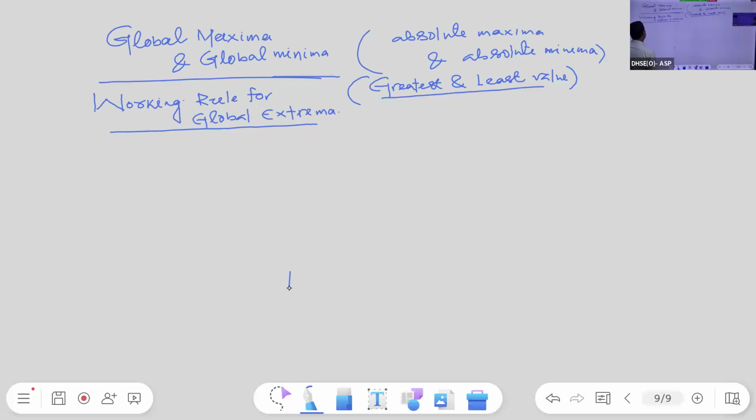Working rule for global extrema. Step 1: let y is equal to f of x be the given function.